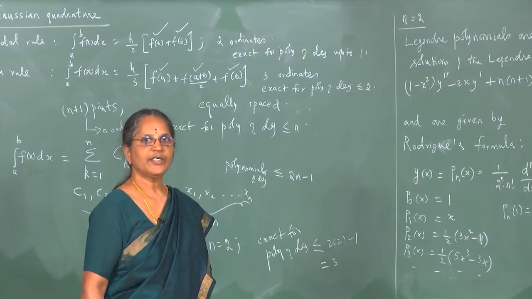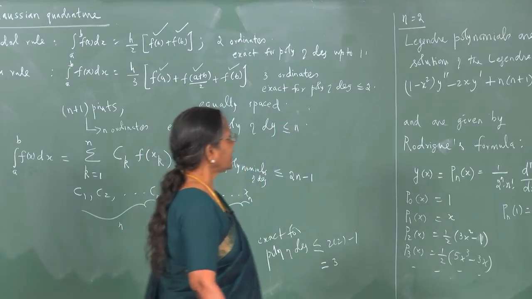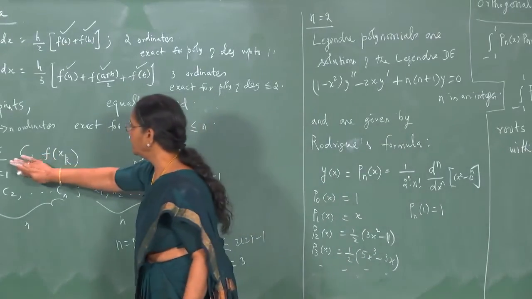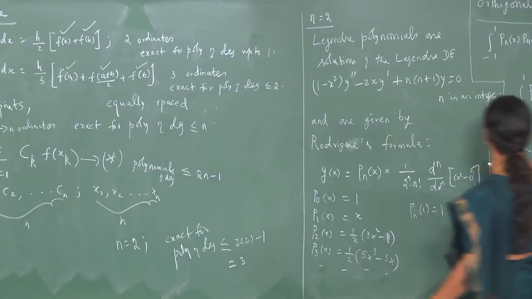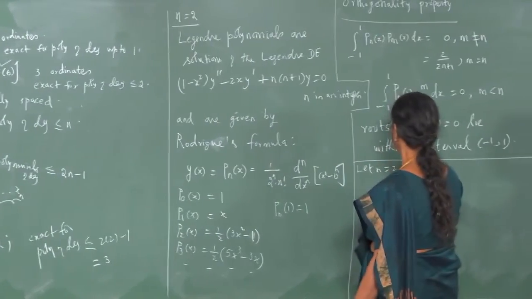So, let us now work out the details of the Gauss quadrature method, say when n is equal to 2 in this formula. So, let n be equal to 2 in star.